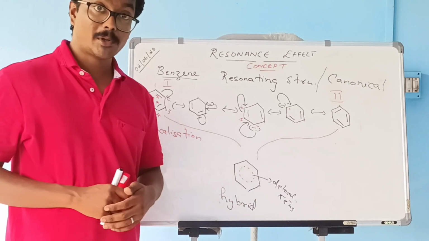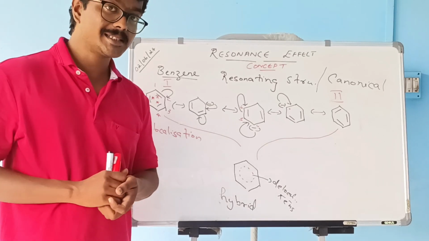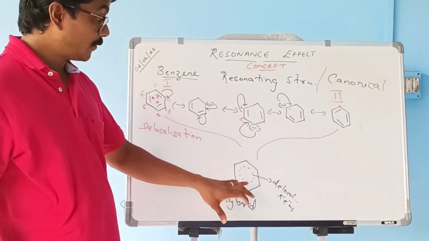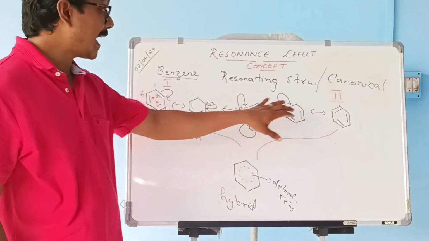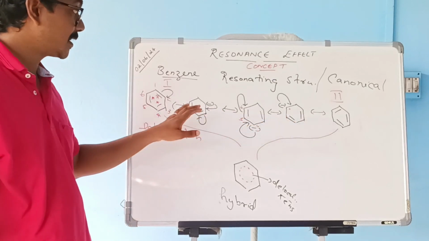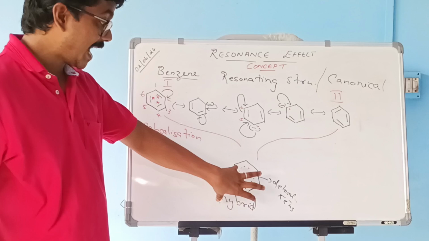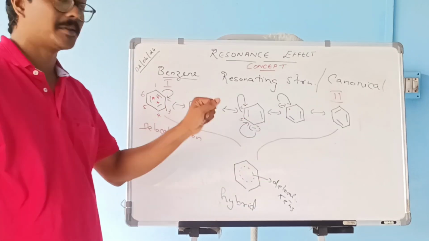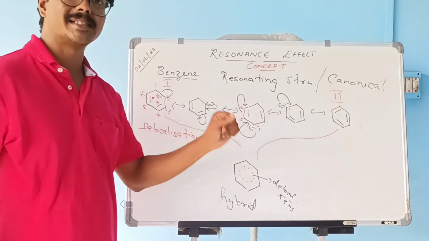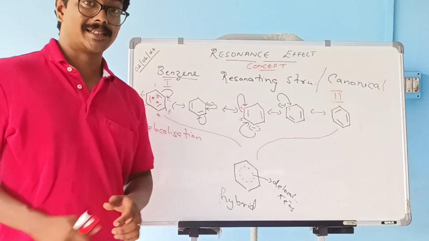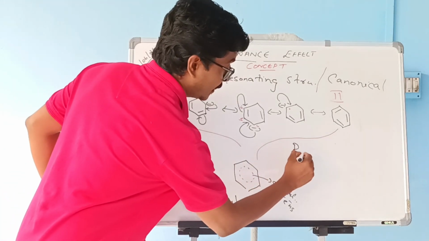And there is one more important factor. The difference between the energy of the hybrid structure and the most stable canonical structure, the most stable meaning the one with the lowest energy, is known as resonance energy or resonance stabilization energy, RE.